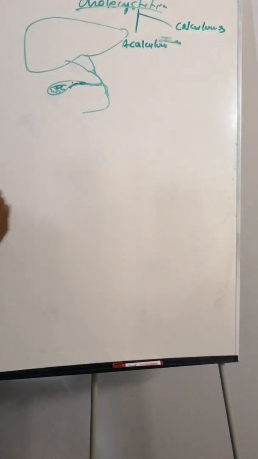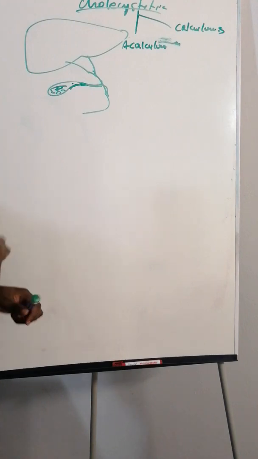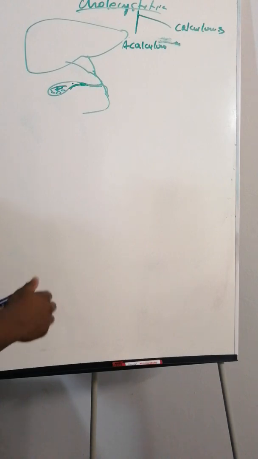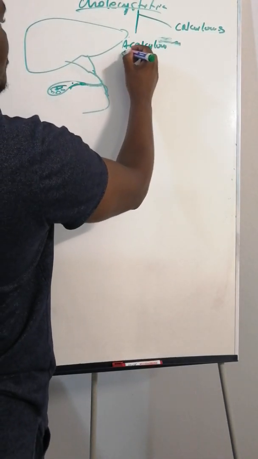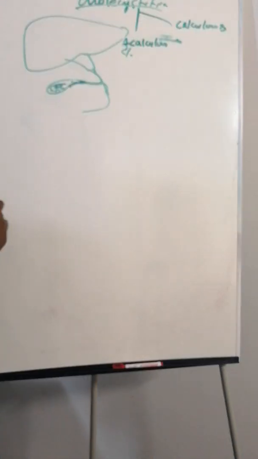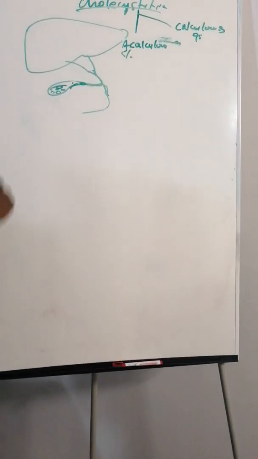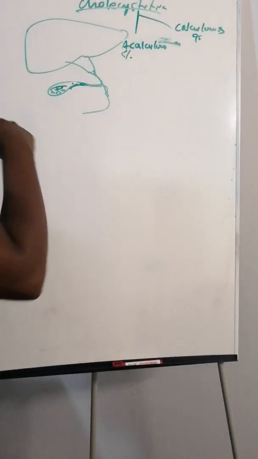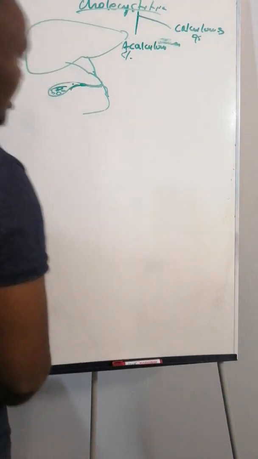If it's acalculous, it means that a patient has got cholecystitis, but there's no obstruction, there's no stone, or the obstruction is not the stone. So they say this accounts for about 5%, and then this is 95% when there is a stone, and the stone that causes calculous cholecystitis is gallstones.